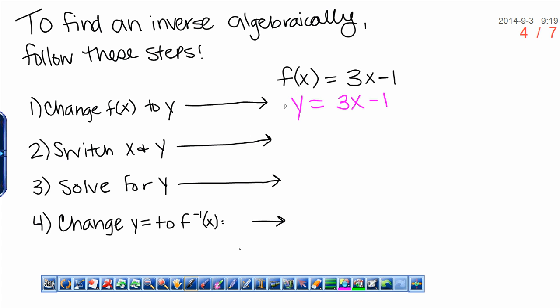So now that we have y and x, just like with our ordered pairs, we are going to switch that y and x. So I'm going to switch it and write it as x equals 3y minus 1.